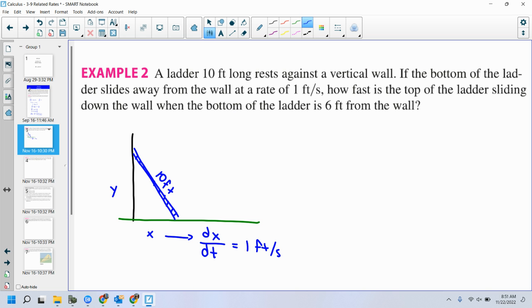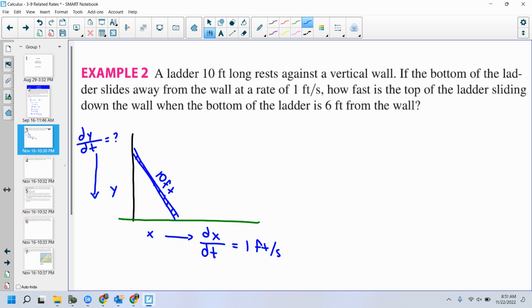Do I know how fast my y is changing? No, that's my end goal, right? How fast is the top of the ladder sliding down the wall? So dy dt is what I want to know.